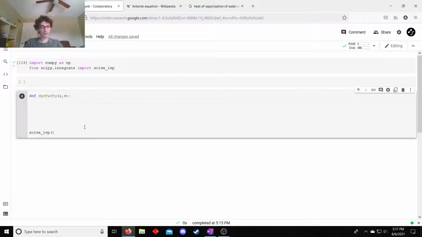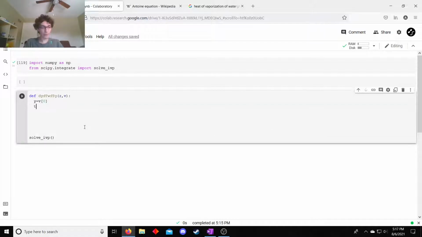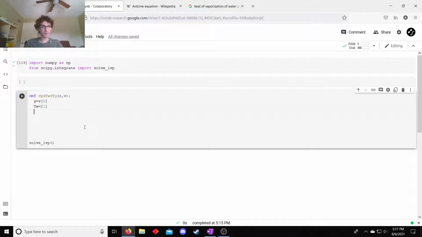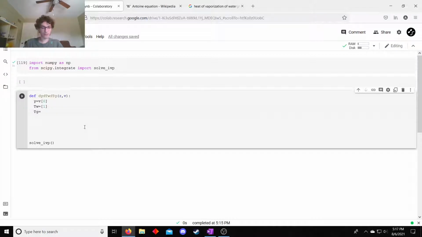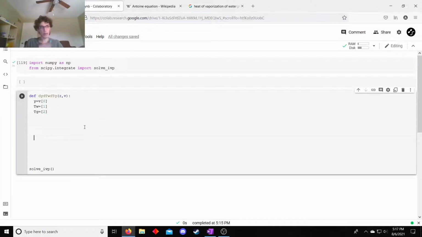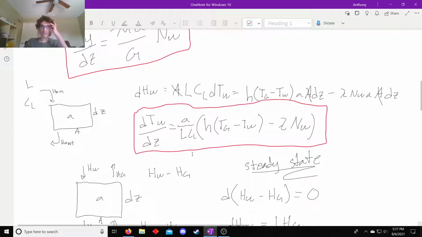We're going to specify here that the first value in v is going to be our mole fraction, our second is going to be the temperature of the water, and the third is going to be our temperature of the gas.